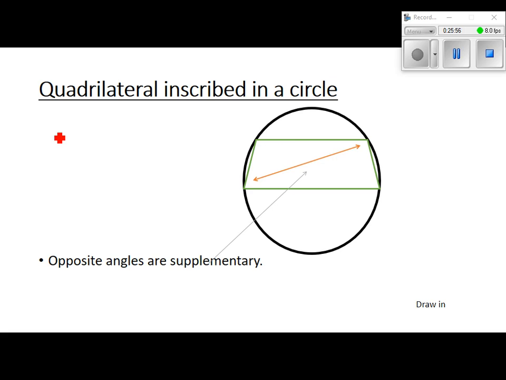If a quadrilateral is inscribed in a circle, remember, to be inscribed, all the corners have to be on the circle, then opposite angles are supplementary. That means opposite angles have to add up to 180 degrees. So these 2 angles add up to 180, and those 2 angles have to add up to 180. They're not congruent. Opposite angles have to add up to 180 degrees.